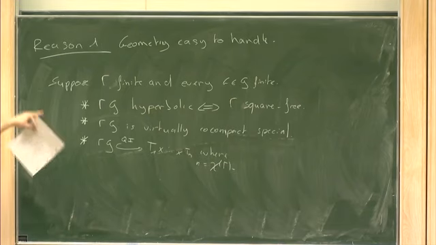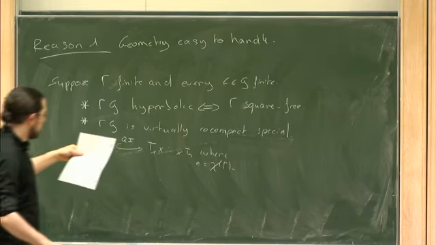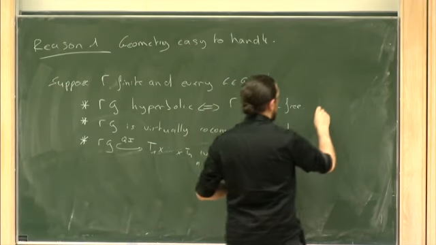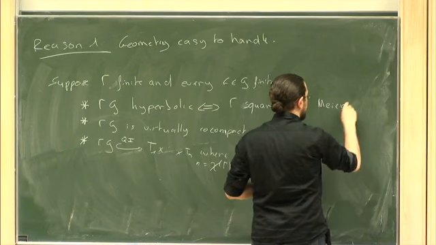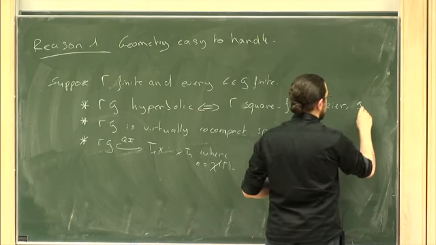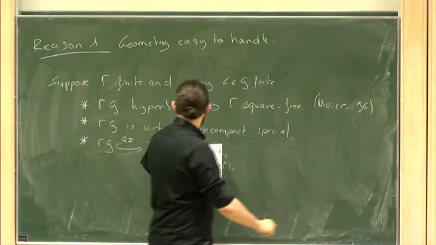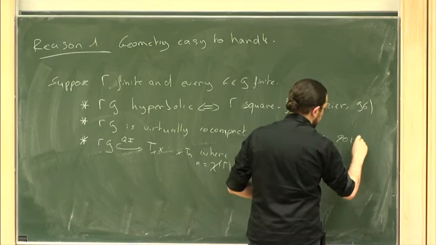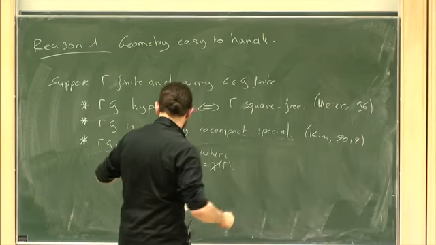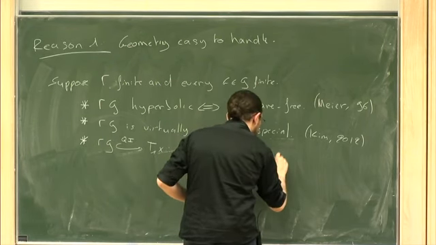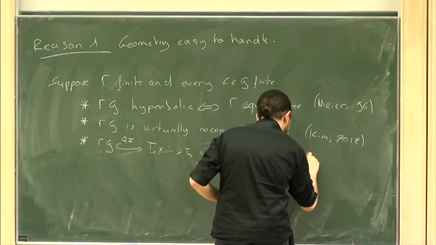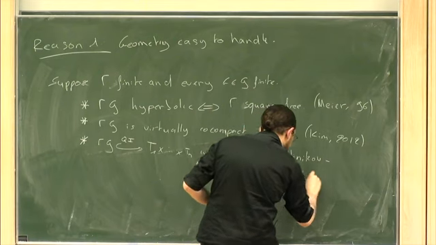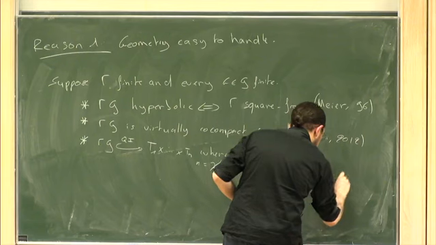The statements are essentially already known, so I should mention some names. This result was proved by Meier in 1996, this result was proved by Kim in 2012, and this one by Dranishnikov and Schroeder for right-angled Coxeter groups.